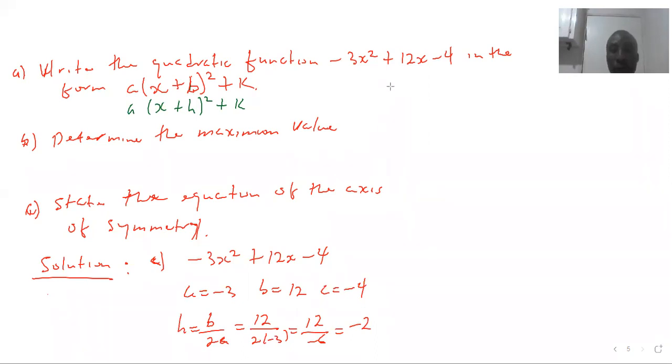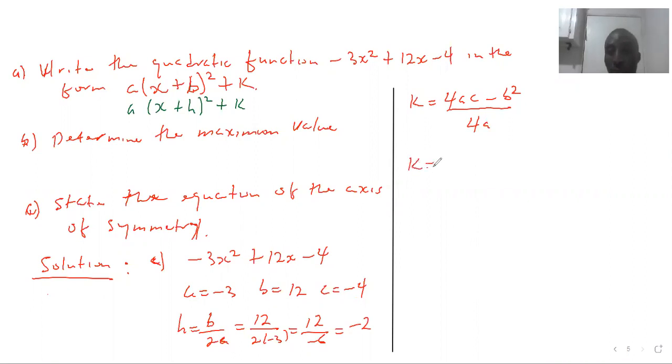Then we come here now. We are going to find k now. For me to find k, the formula is 4ac minus b squared all over 4a. So I'll come and look for k.